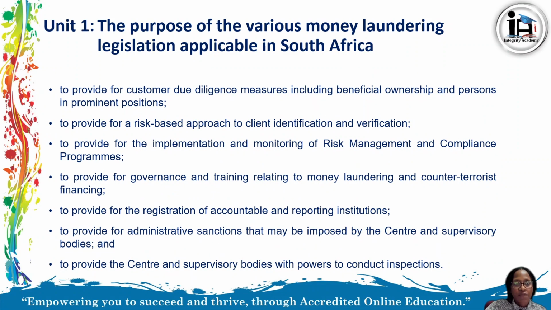Still continuing on the objectives of FICA: to provide for customer due diligence measures, including beneficial ownership and persons in prominent positions, to provide for a risk-based approach to client identification and verification, to provide for the implementation and monitoring of risk management and compliance programs, to provide for governance and training related to money laundering and counter-terrorist financing, to provide for the registration of accountable and reporting institutions, to provide for administrative sanctions that may be imposed by the Centre and supervisory bodies, and to provide the Centre and supervisory bodies with powers to conduct inspections.